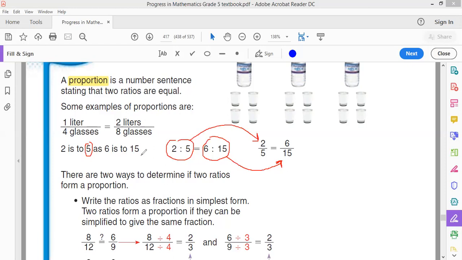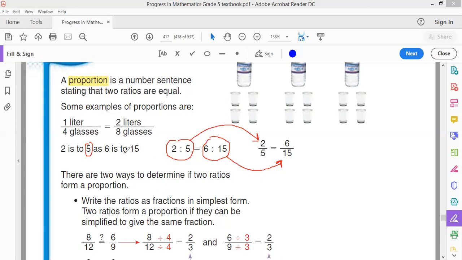Teacher, yes. The liter multiplied by 4 will give me the number of glasses.